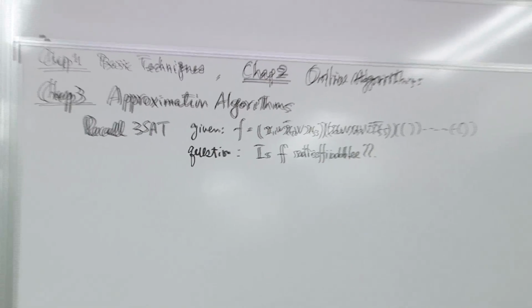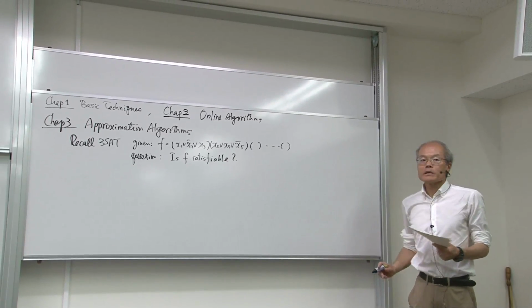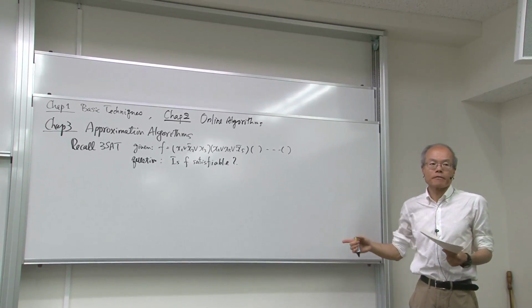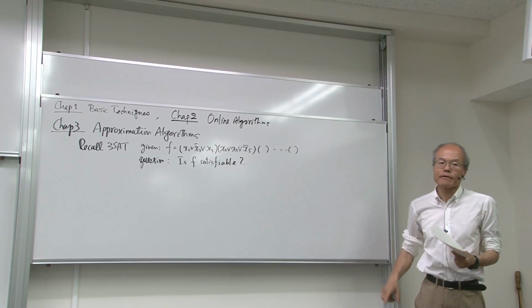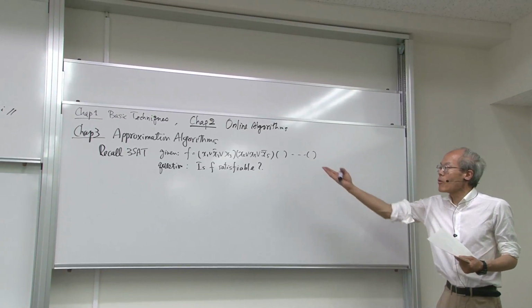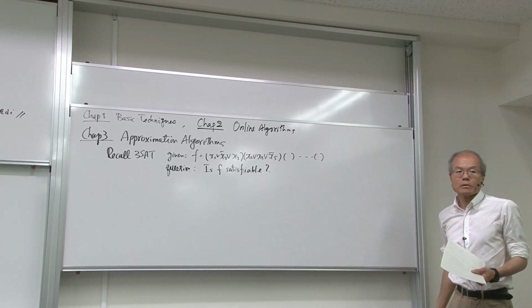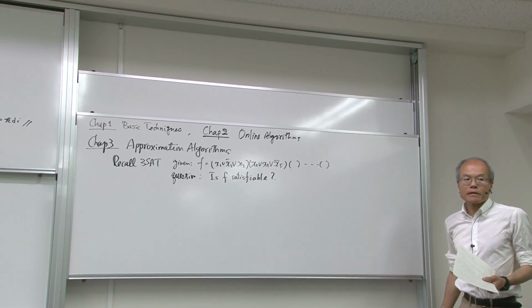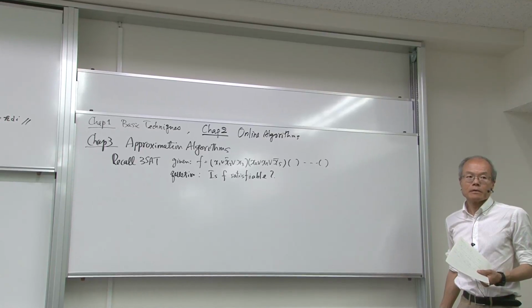Satisfiable means that by some true-false, 0-1 assignment to the variables, we can make all the clauses true. That's the definition of satisfiable.